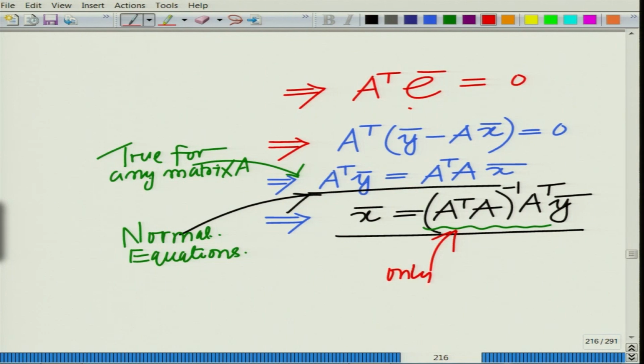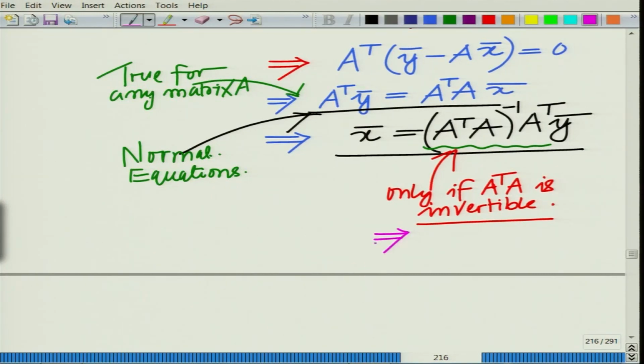You can write it in this form only if the inverse of A transpose A exists, that is only if A transpose A is invertible, which essentially holds if A is full column rank. We will not show this explicitly. That is, rank of A equal to n, where n is the number of columns.